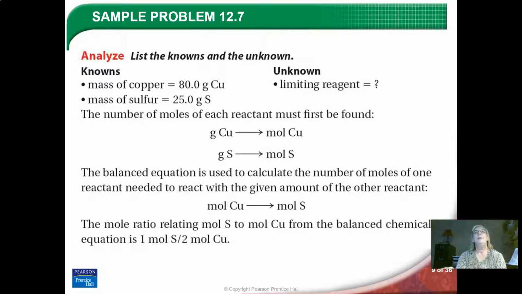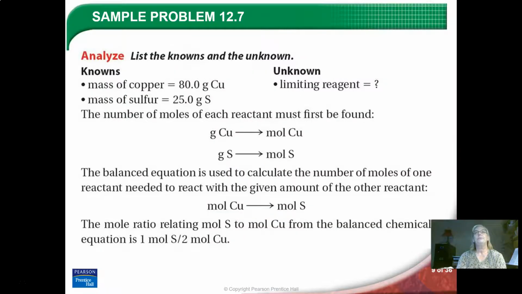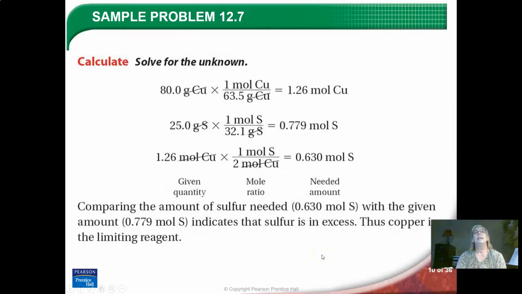So we take what we know and we're trying to figure out our limiting, and we have a balanced equation from there. So it's 2 coppers to 1 sulfur to make 1 product. So that's what we're saying here. And so we're going to take both of the grams we have from the stockroom, and we're going to figure out how many moles we have of each thing.